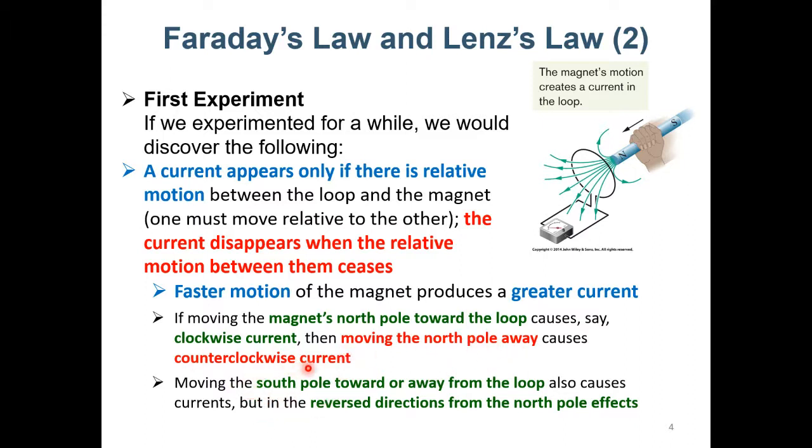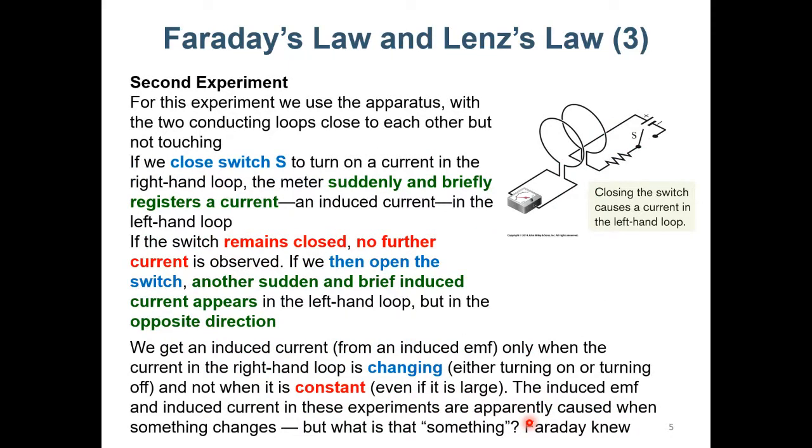And if you use the south pole rather than the north pole, the direction of the current will be opposite. So this is the first experiment, and the second experiment is more similar to the lab you have done or will do.